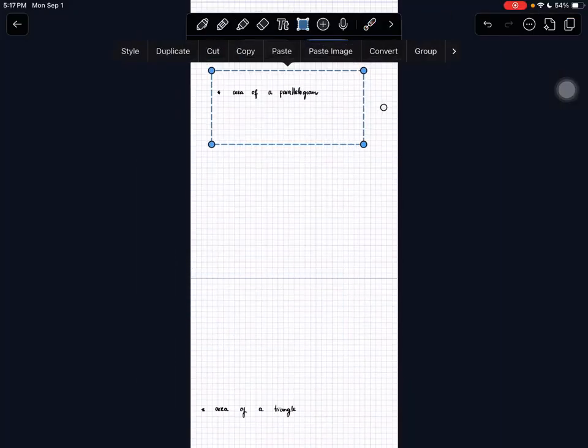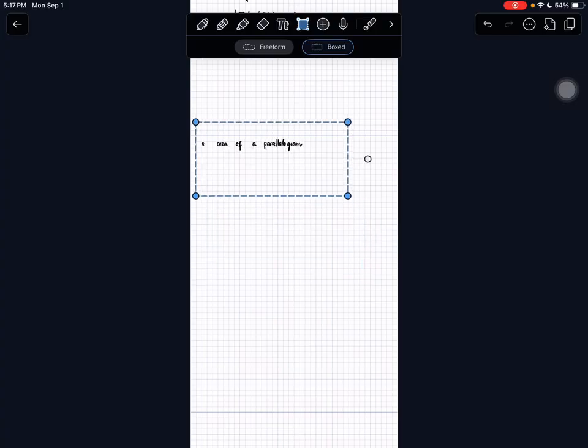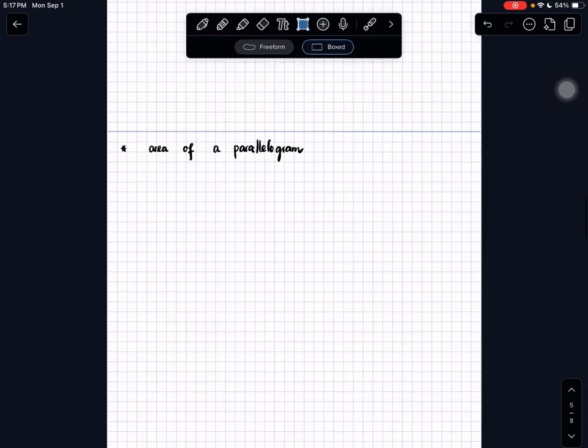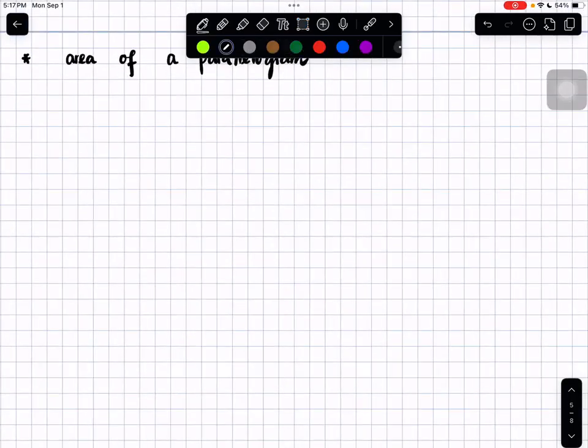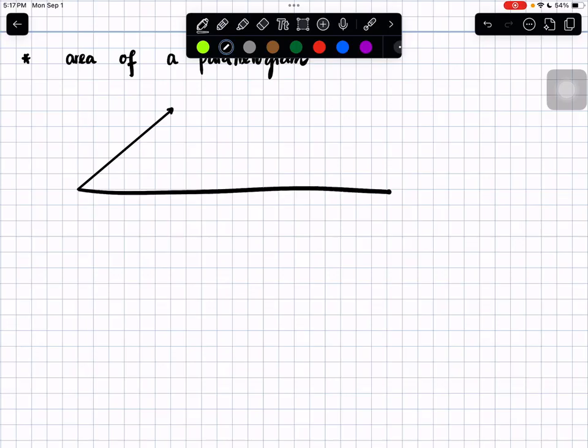The area of this parallelogram, say with vector u and vector v. If I draw the picture in this case, I just want to make a remark.